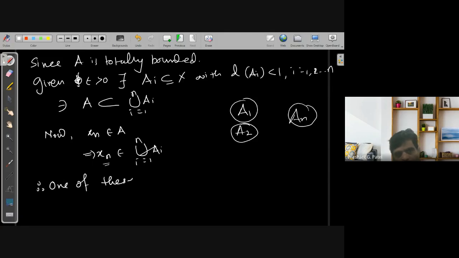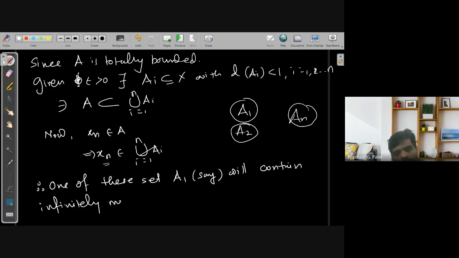Let us say that set is A_1. So one of these sets, let us say A_1, will contain infinitely many elements of the sequence x_n.